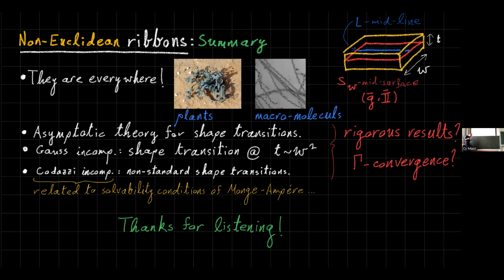And we can analyze it in kind of a case-by-case way using these formal asymptotics, but we don't have a general theory. Give me a metric and a second fundamental form that satisfies Gauss equation but doesn't satisfy Kodazzi. I don't have a clear formula that tells you whether there is a shape transition or not, and where.